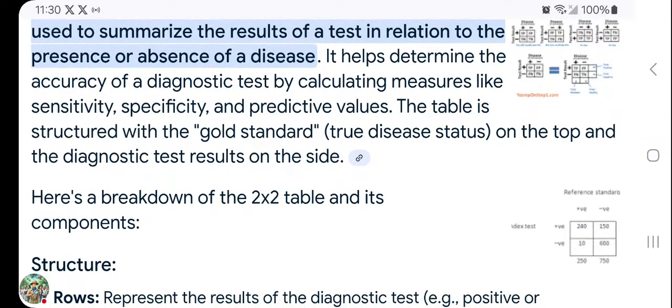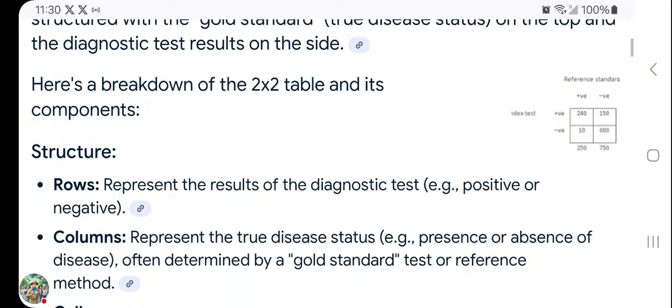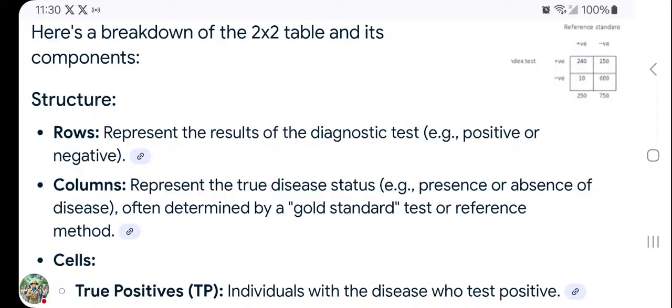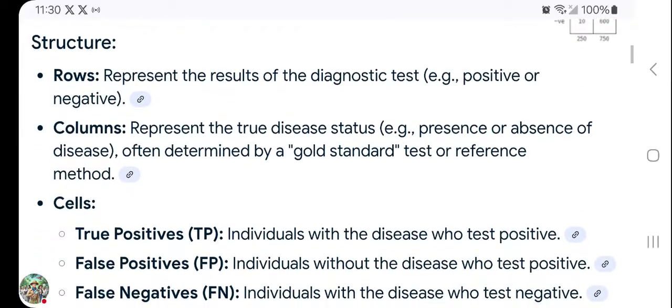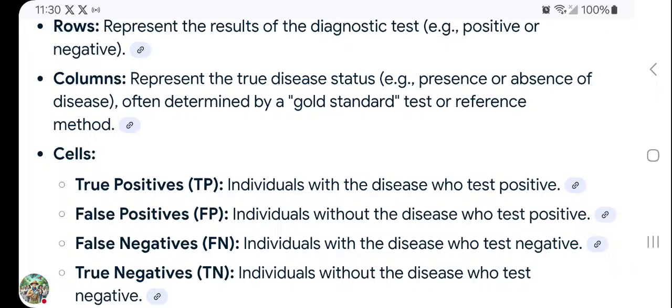Here's a breakdown of the 2 by 2 table and its components. Rows represent the results of the diagnostic test, positive or negative. Columns represent the true disease status, the presence or absence of disease, which is often determined by the gold standard test or reference method. In the cells: true positives are individuals with the disease who test positive.